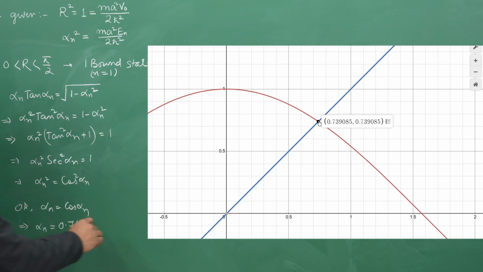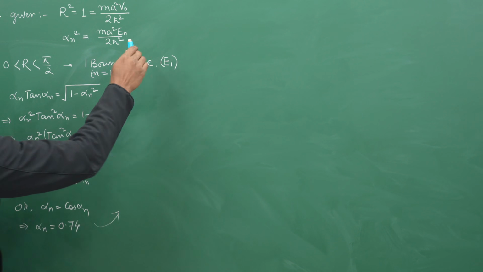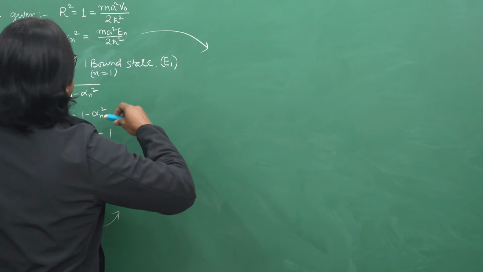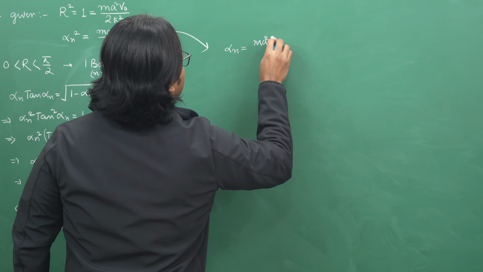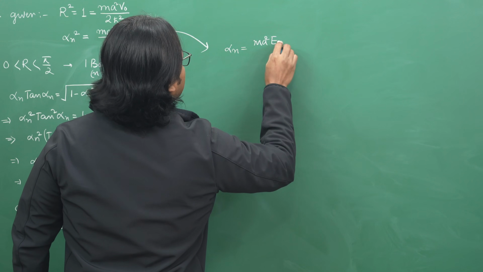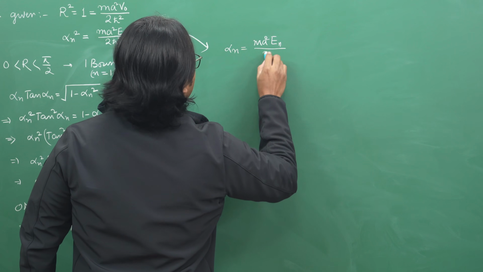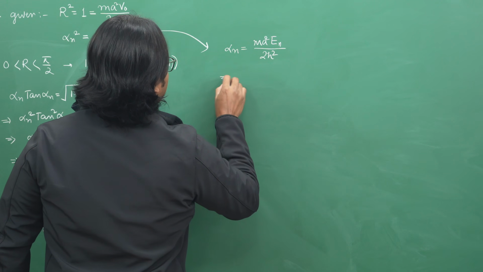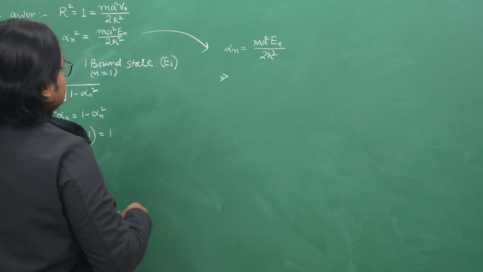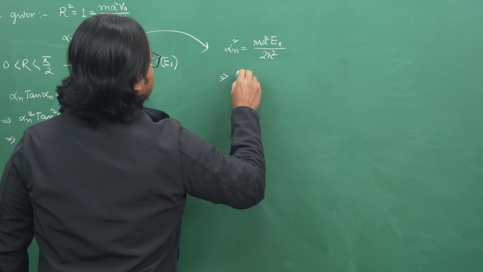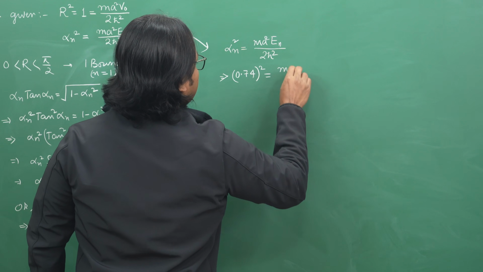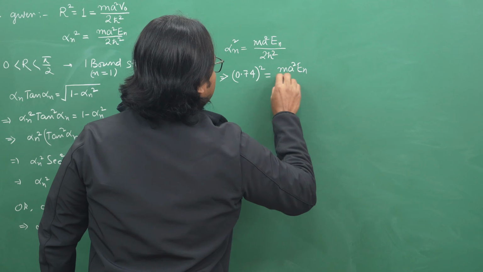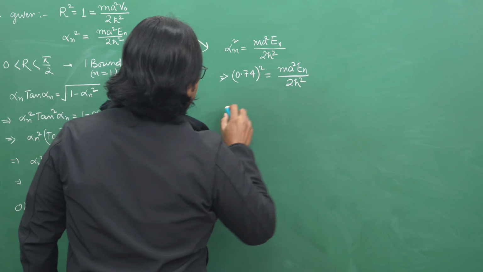And the moment I plug this back into our formula, which is this, alpha n square is equal to m a square En upon 2 h cross square, but because alpha n is equal to 0.74, this should be approximately 0.74 square is equal to m a square En upon 2 h cross square.